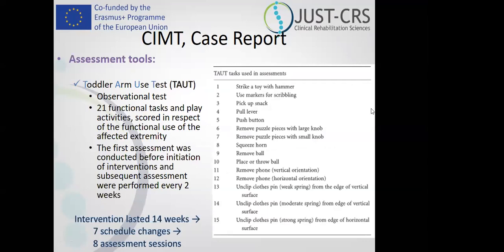The tasks are distributed, and we have some examples here. The first assessment was conducted before the initiation of the intervention, and subsequent assessments were performed every 2 weeks. In conclusion, the intervention lasted for 14 weeks, as we said, with 7 schedule changes and 8 assessment sessions.